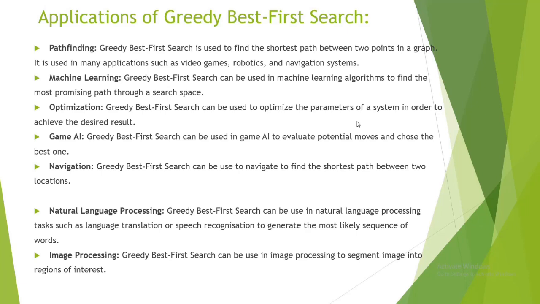Natural language processing: speech recognition or language translation, where a sequence of words is easily generated. Image processing is also a main application: to segment images and find regions of interest. These are some applications of greedy best first search.